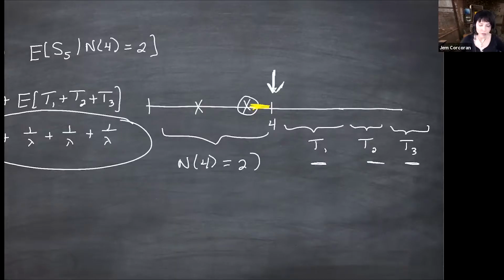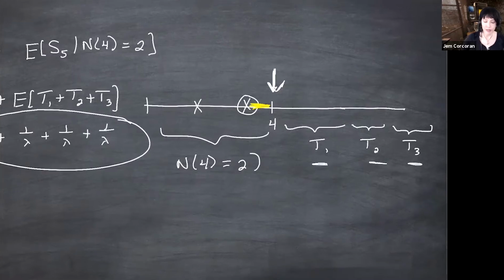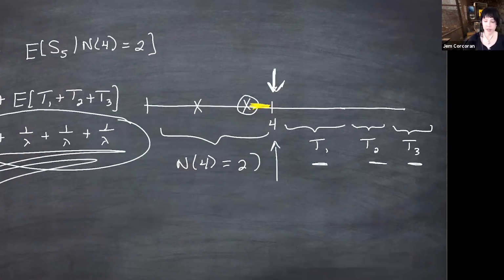I think you can probably do this more formally by conditioning. I didn't mean for you to do all this, but as far as I'm concerned, if you know that there were 2 arrivals by time 4, you're done. But you can also use what we talked about last time to say that the time of the second arrival is the maximum of 2 uniform 0-to-4s.